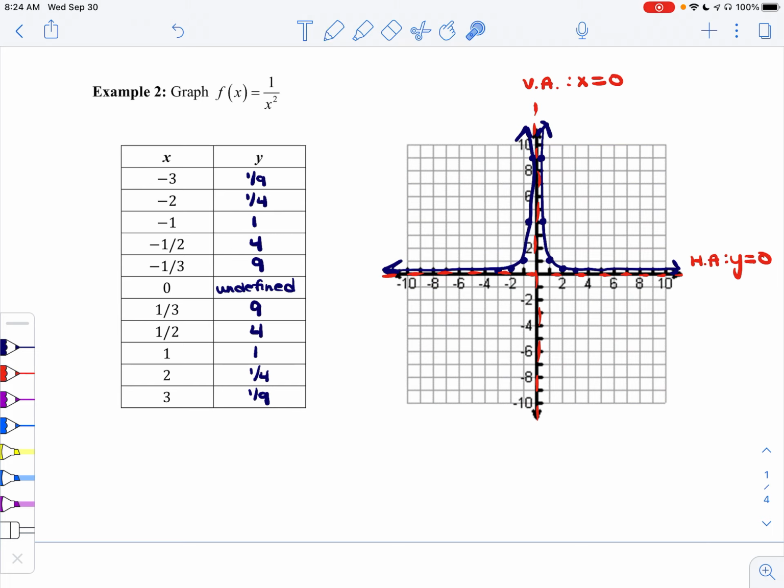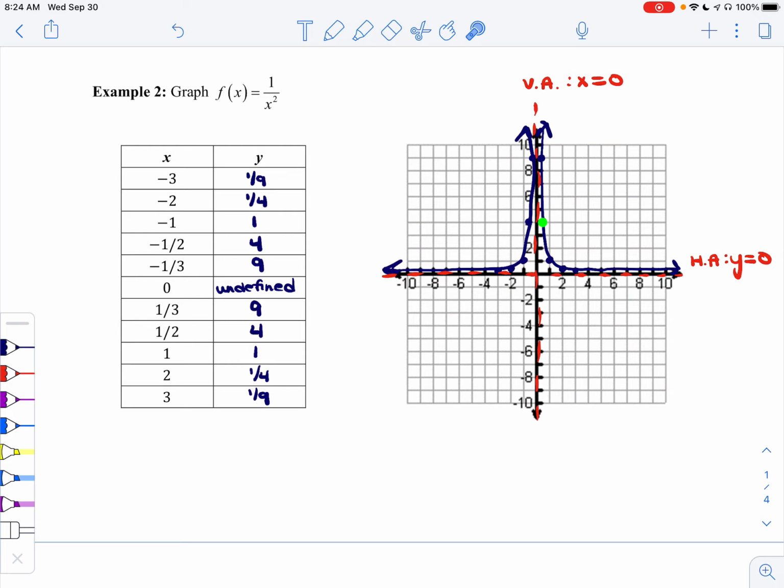Okay, so when you're talking about asymptotes, the important thing is that your graph is going to approach these lines. So we can see that on the left here, as our x's are approaching negative infinity, our y values are approaching the horizontal asymptote at y equals 0.